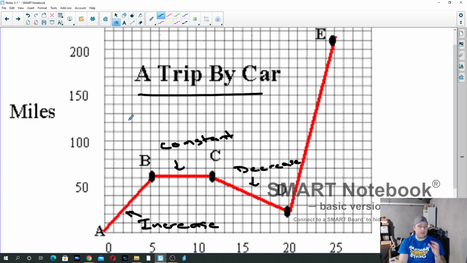So here's what I would equate this to. I'm going to put this in real life terms, ignore the hours and ignore the miles for a second. It's still distance over time. I'm going to say that this is your trip to school. This is you guys going to school, right? You start leaving your house. Point A is your house.